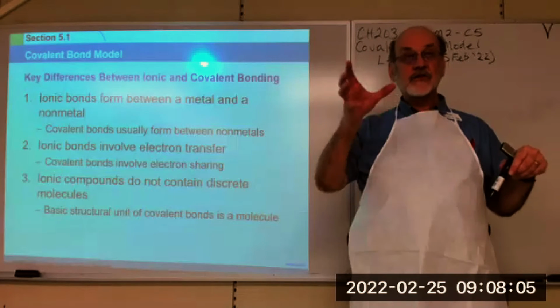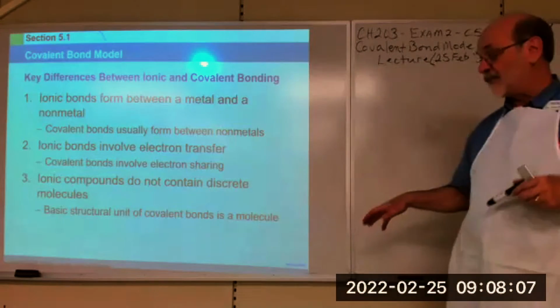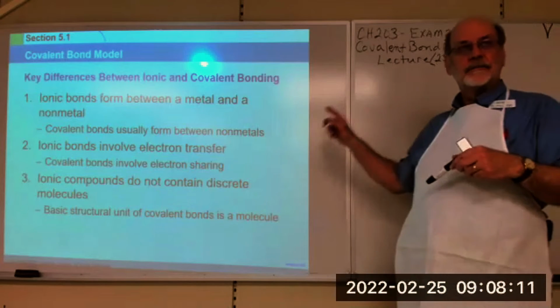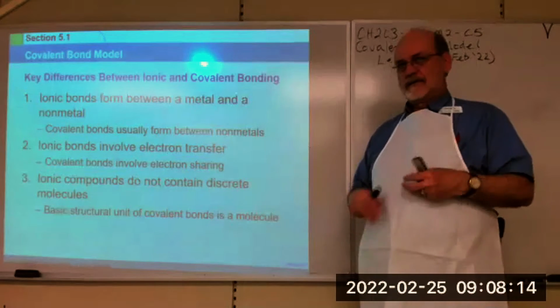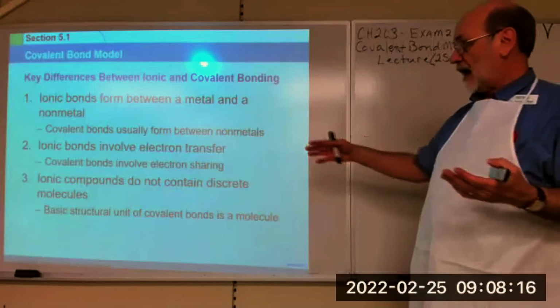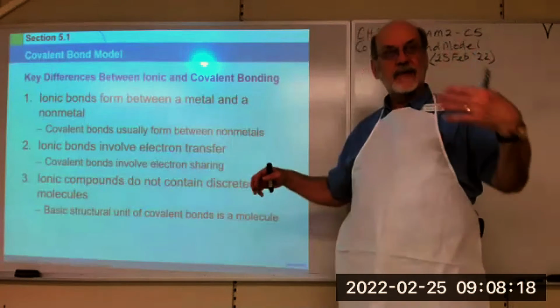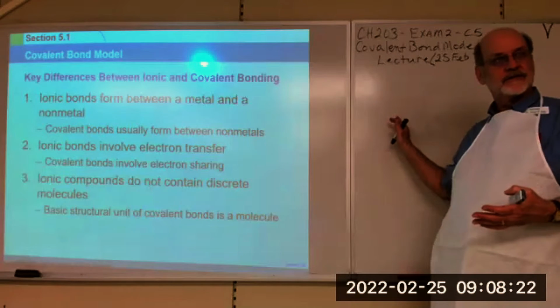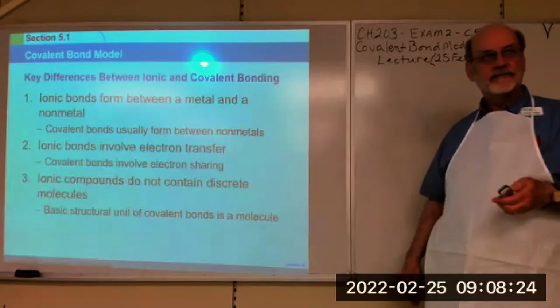We're not saying that's a discrete molecule, but when we write a covalent compound like H2O, we're saying that is a discrete molecule. Now, how do you tell the difference? Ionic bonds are going to be metal-nonmetal, whereas the molecular forms are going to be both nonmetals. That's the giveaway.